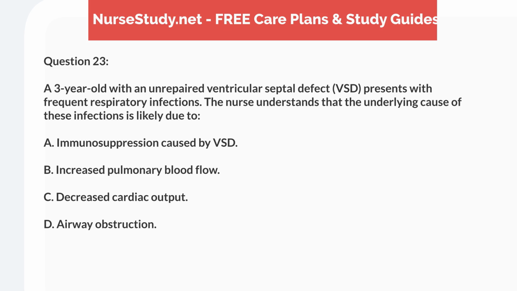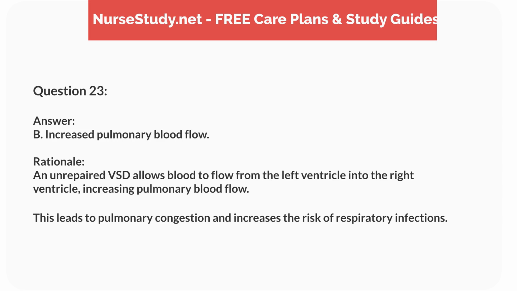D. Airway obstruction. Answer: B. Increased pulmonary blood flow. Rationale: an unrepaired VSD allows blood to flow from the left ventricle into the right ventricle, increasing pulmonary blood flow. This leads to pulmonary congestion and increases the risk of respiratory infections.